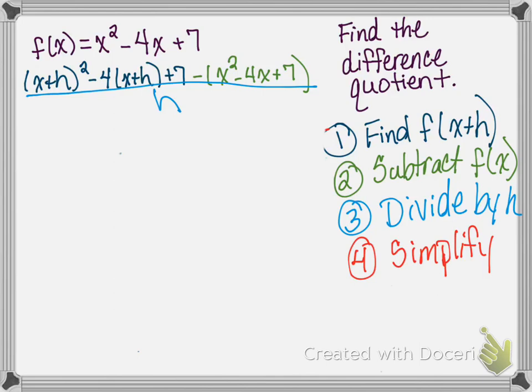x plus h squared is not x squared plus h squared. It's not. x plus h squared means we have to FOIL x plus h. So I'm going to have x plus h times x plus h. x times x is x squared. x times h is xh. h times x is hx. But could I have written xh?